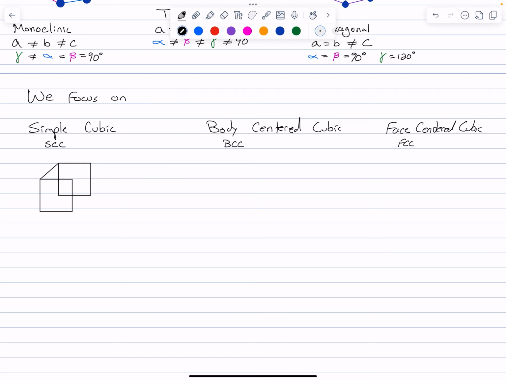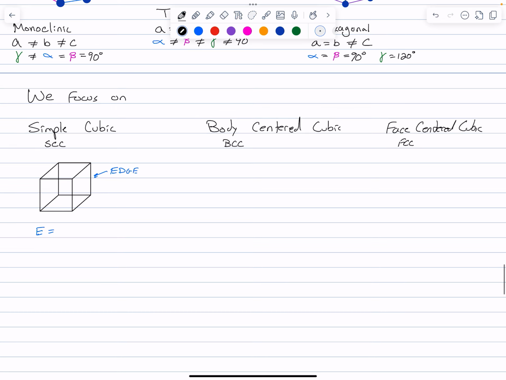There is your simple cube. The edge of this would be edge equals 2 times the radius of the atom, r.